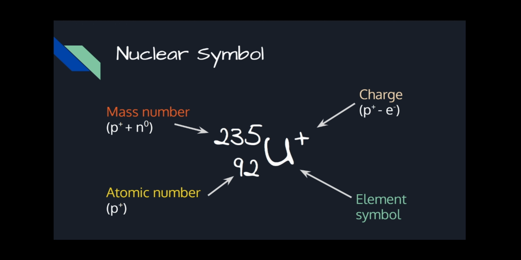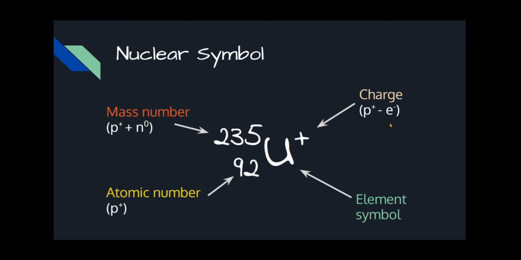There are times, however, and we'll discuss when and why that happens at a future time, when an atom will lose an electron or gain an electron. When that happens, we don't call it an atom anymore. Remember, we call it an ion because now it has a charge. Atoms are neutral. Ions have a charge.